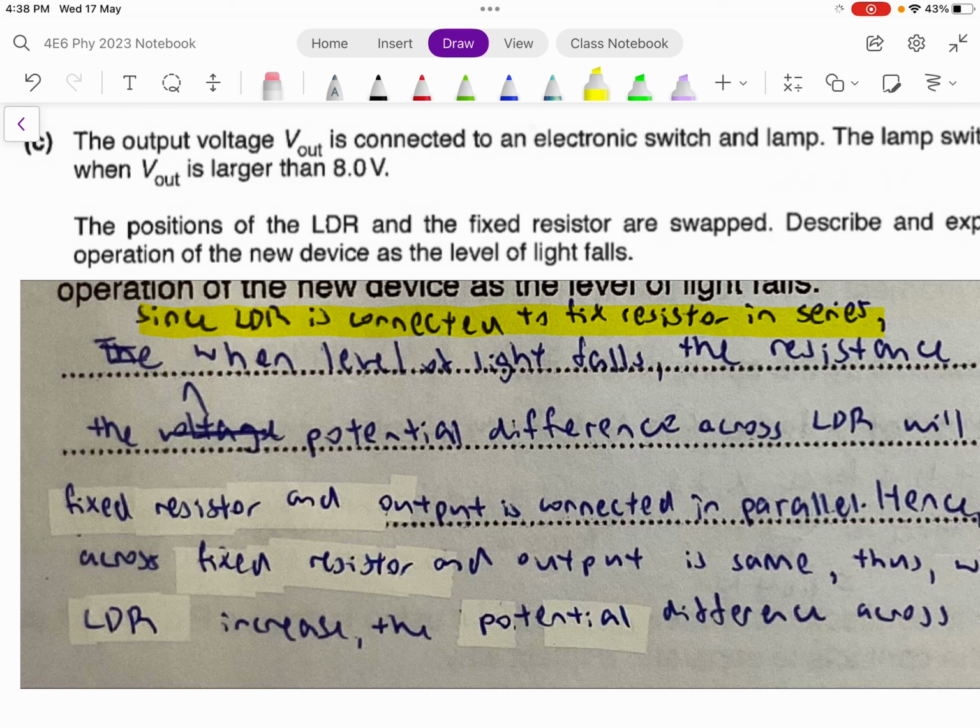Actually, for this particular question, you are given only 3 answer lines. I don't think they require this level of explanation, this level of detail.